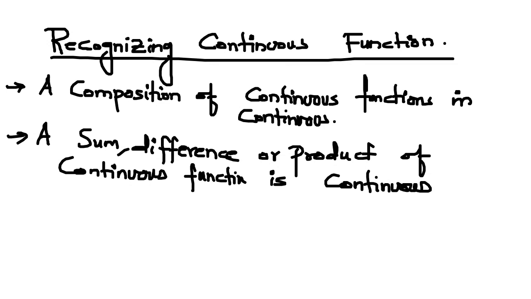In the first part of the example, you find that two functions are continuous, so it means their product is also continuous. Similarly, if two functions are continuous, their sum is also continuous, their difference is also continuous, their product is also continuous.